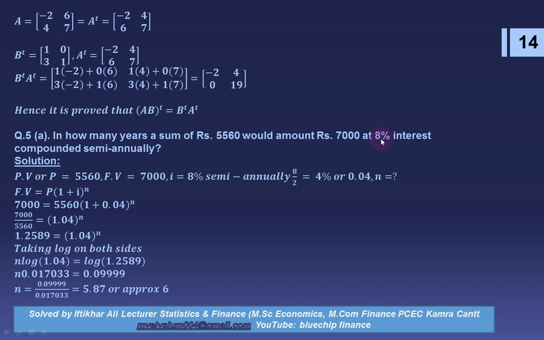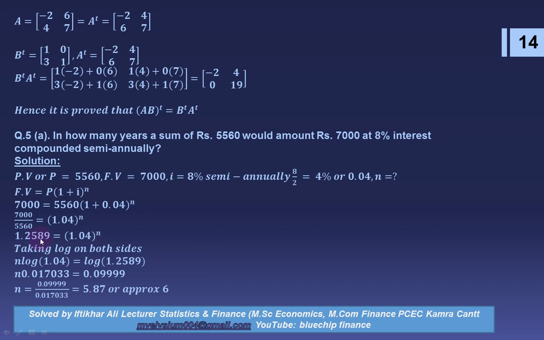So interest will be 4%, and N is missing here. It is the case of compound interest, so the future value formula will be applied here. After putting the values into the formula, we can solve for N, and the solution is given here.